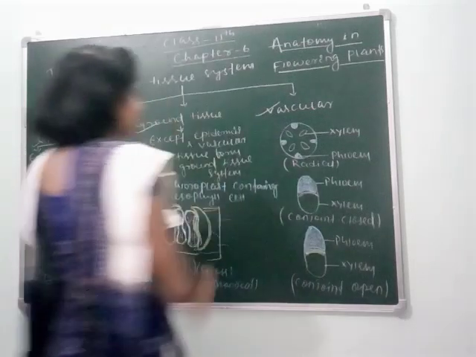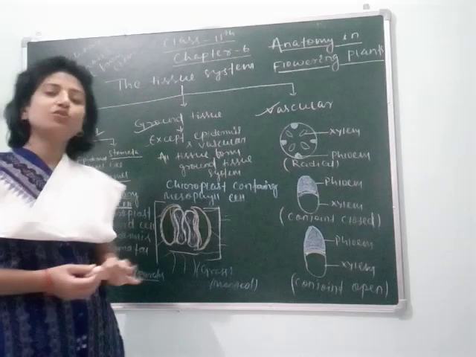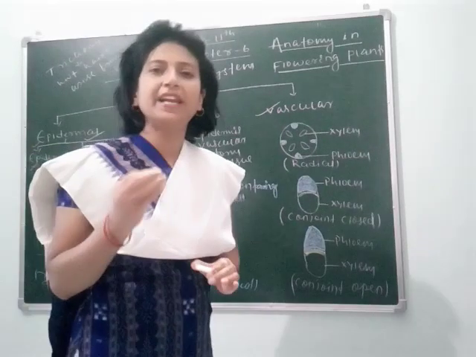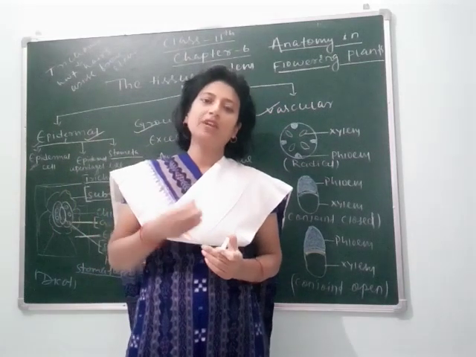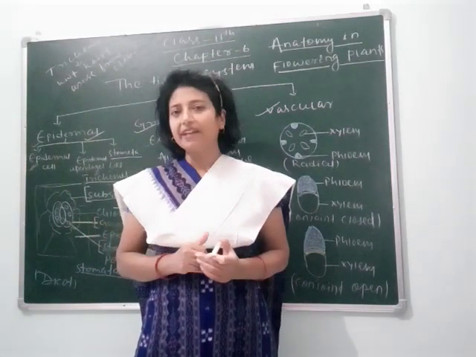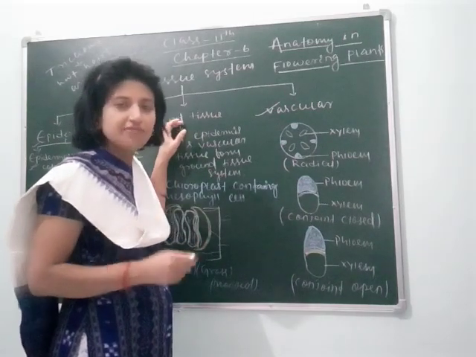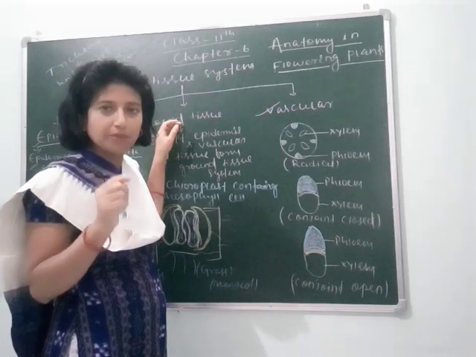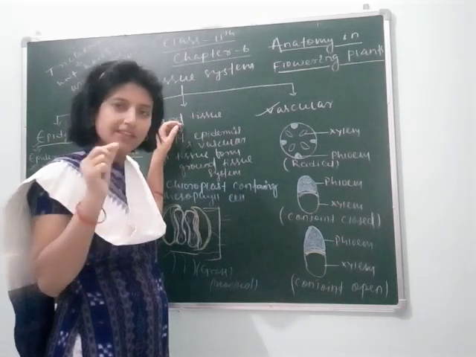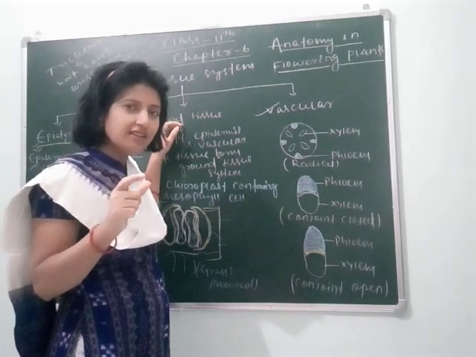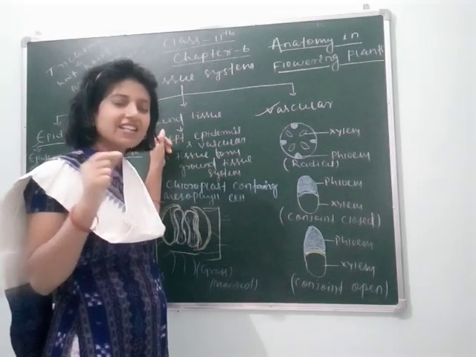This part has chloroplast containing mesophyll cells, and the ground tissue consists of simple permanent tissue, which is thin parenchymatous cells, then collenchymatous cells and sclerenchymatous cells. Simple permanent tissues are parenchyma, which is a thin structure, then collenchyma and sclerenchyma.